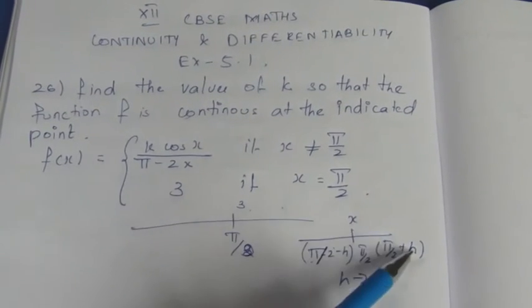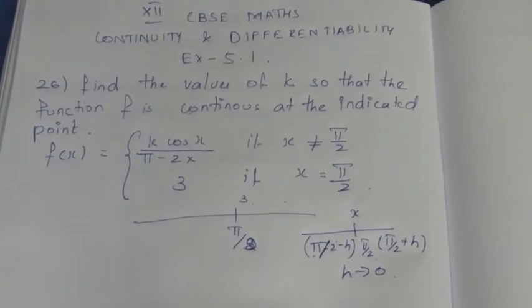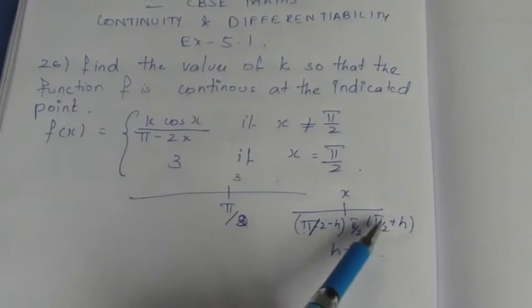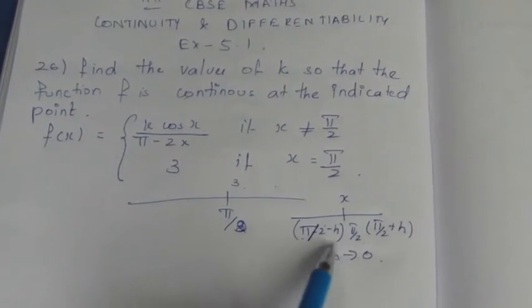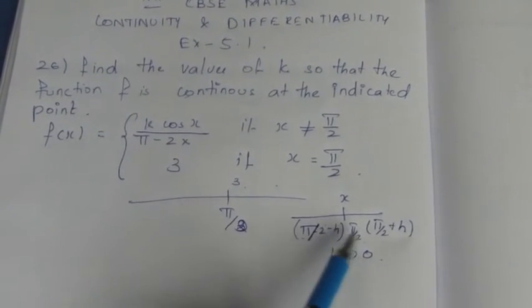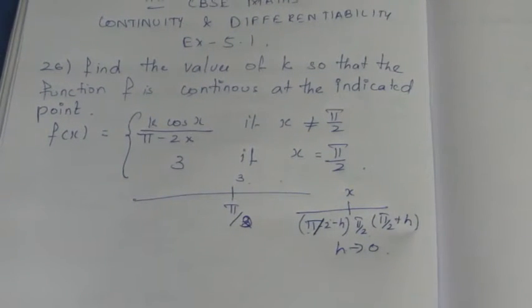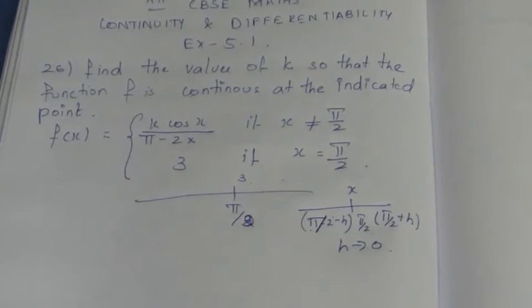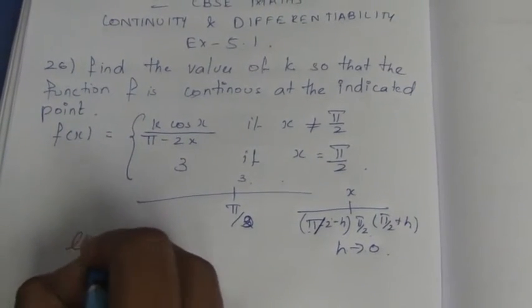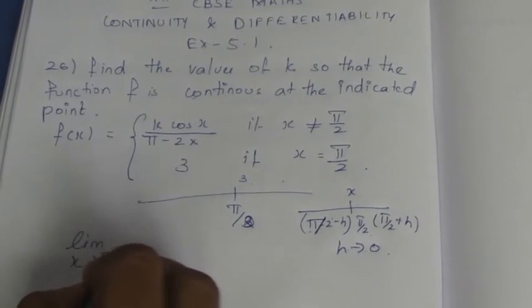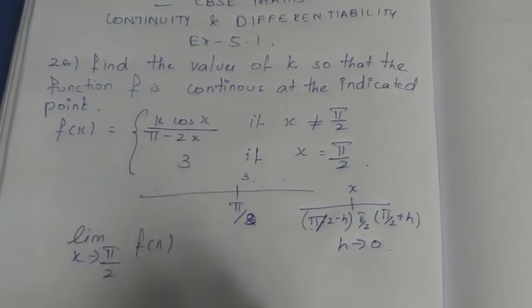Here also h tends to 0 means substituting the value of 0 in the place of h, my pi by 2 will not change. So the value of pi by 2 should not change when we change the limit. So I am changing the limit as h tends to 0. Now what they have given is limit x tends to pi by 2 of f of x, but we are changing this.